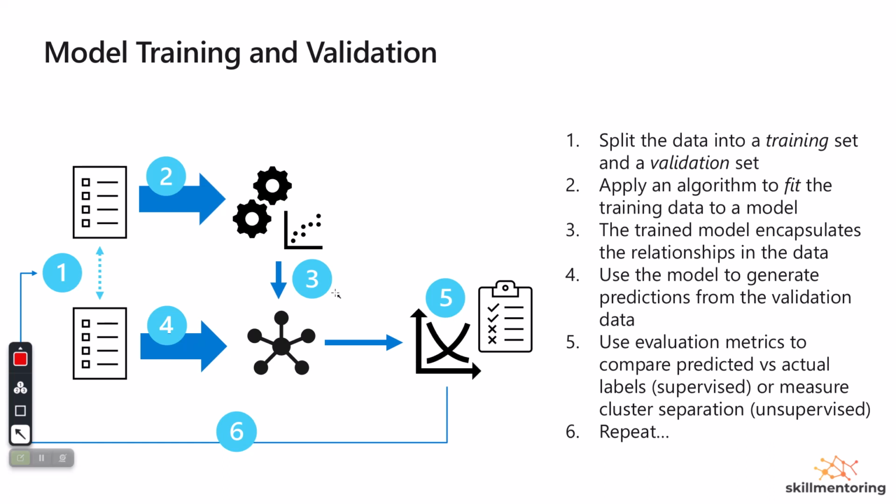Then we will use something called an evaluation metric to compare the predicted versus actual labels, or measure the cluster separation in unsupervised and supervised learning. So we use the model to generate predictions from the validation data, and we are going to generate the outcome here, and then we will be able to use the evaluation metrics to compare the predicted versus actual in both cases, supervised and unsupervised.